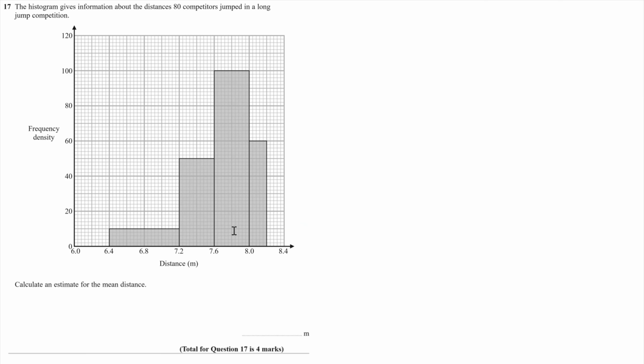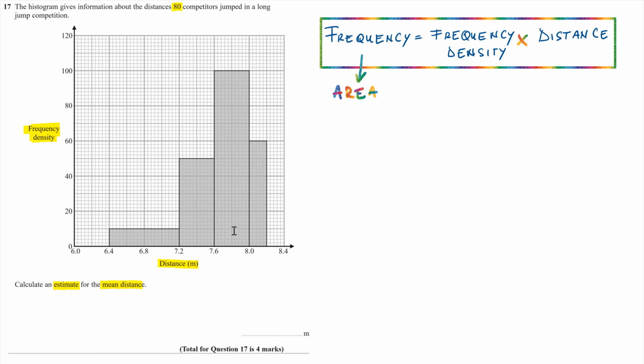Question 17. The histogram gives information about the distances 80 competitors jumped in a long jump competition. Calculate an estimate for the mean distance. The x-axis shows us the distance. The y-axis shows us the frequency density. To work out the frequency, we do frequency density times distance. The area of the rectangles gives us the frequency of each of these sections.